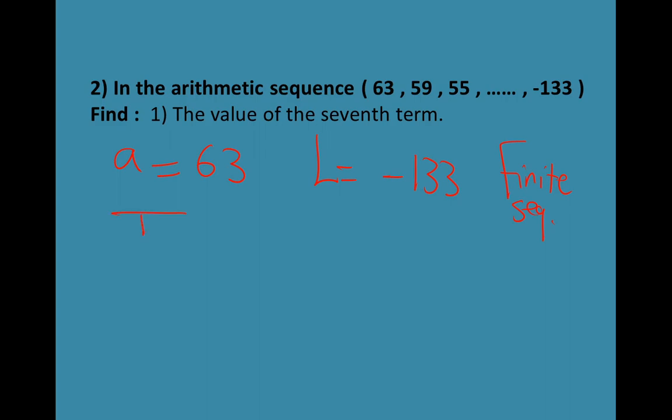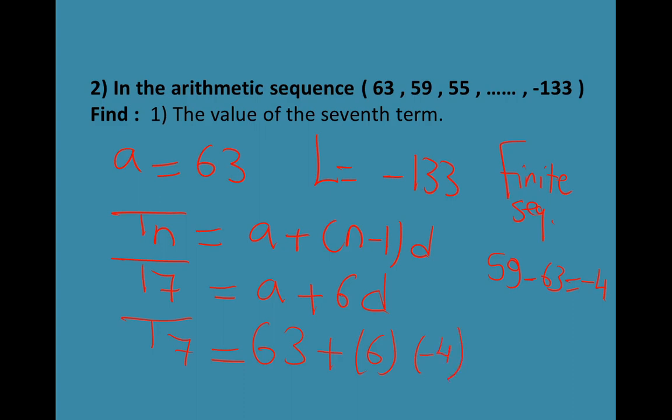Then Tn equals A plus n minus 1 multiplied by d. The seventh term equals A plus 6d. Then T7, A is 63, 6 multiplied by the difference, which equals 59 minus 63 equals negative 4.